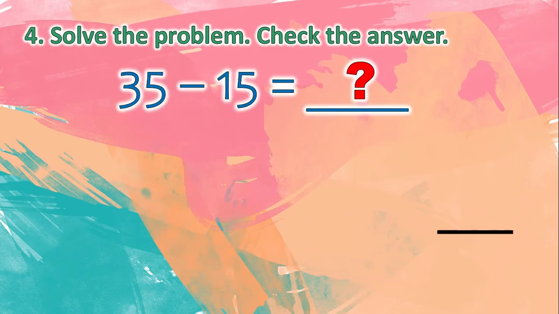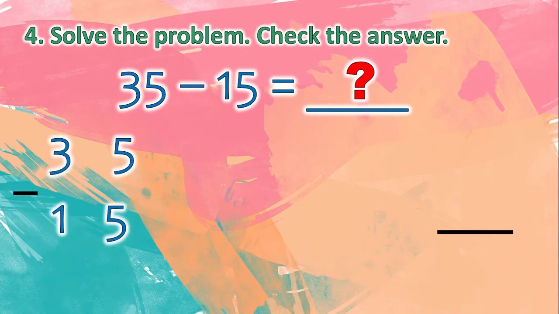And you can now solve the problem and check your answer. So 35 minus 15 in a vertical way.